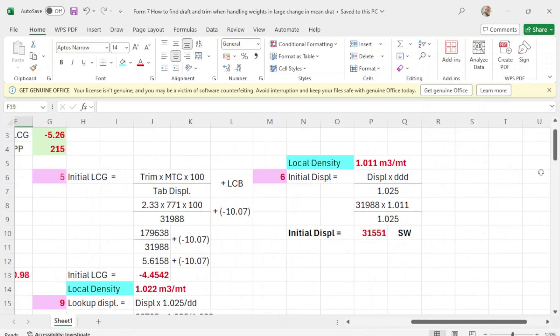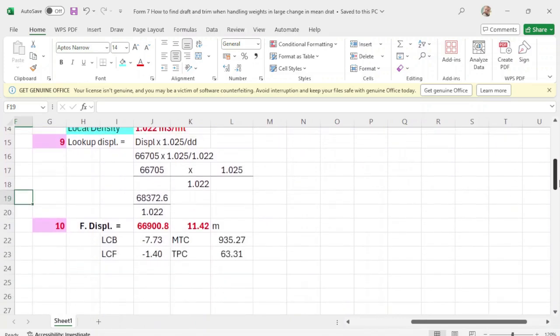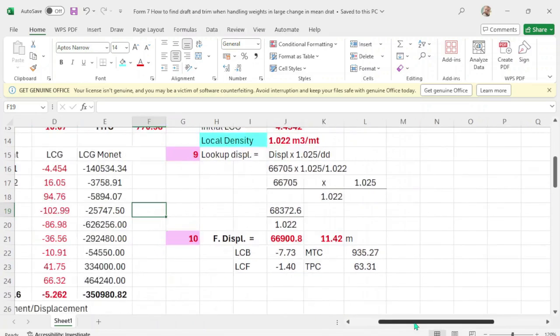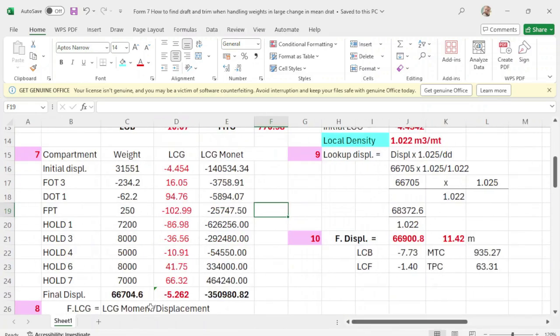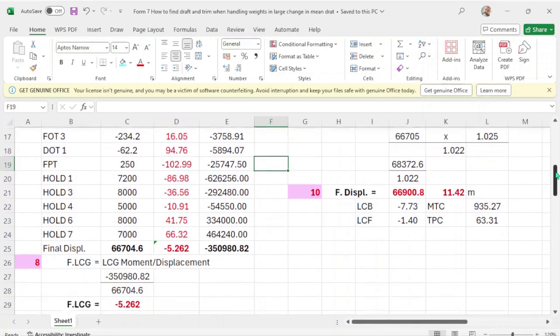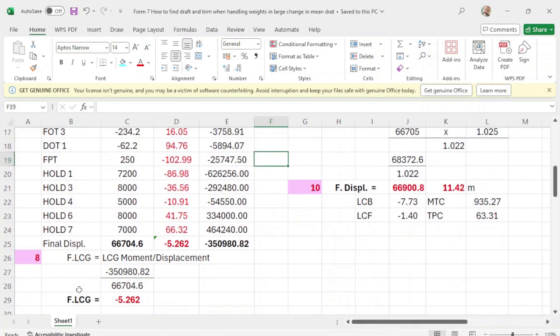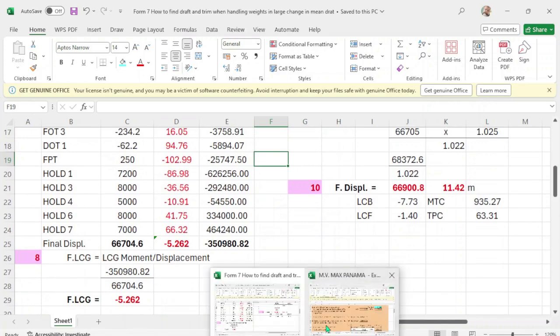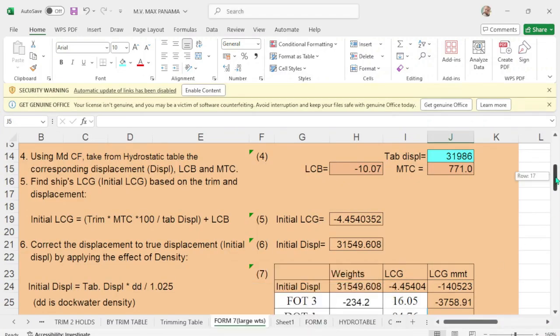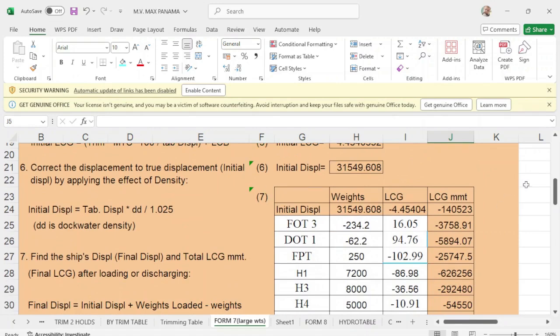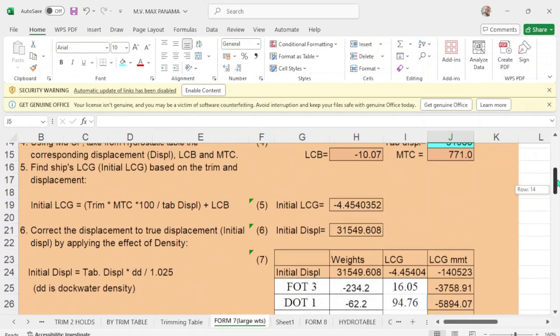And number 7 is this one. So number 8 is your final LCG. Look at it, number 8. This is 7 and number 8.